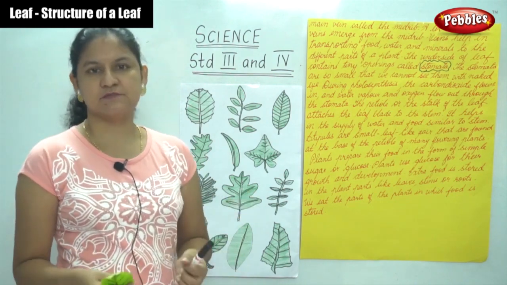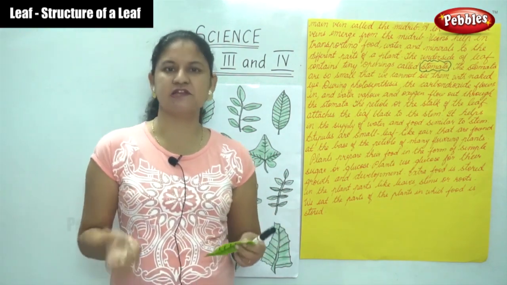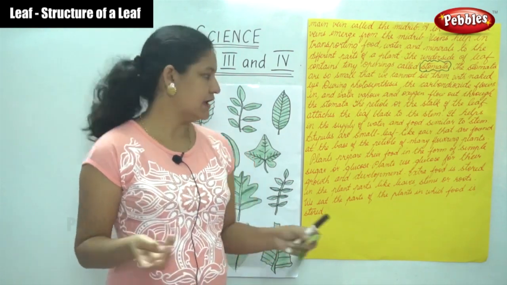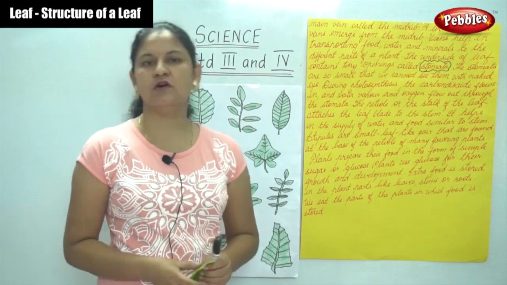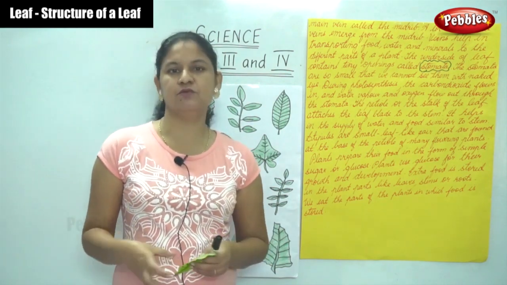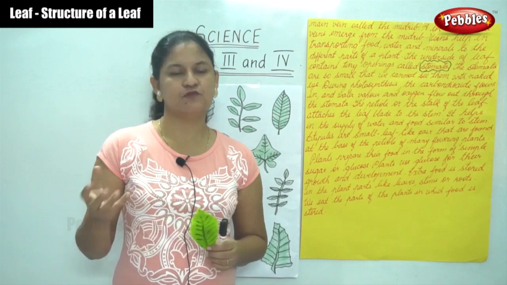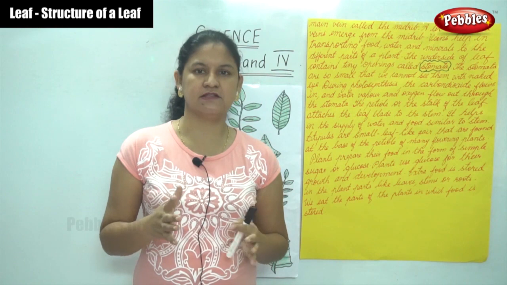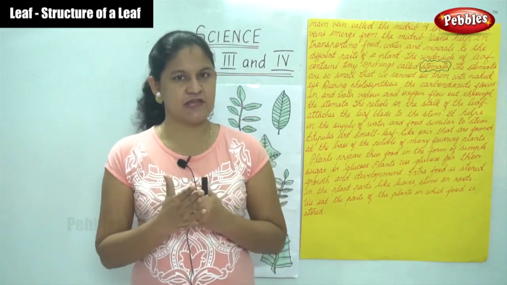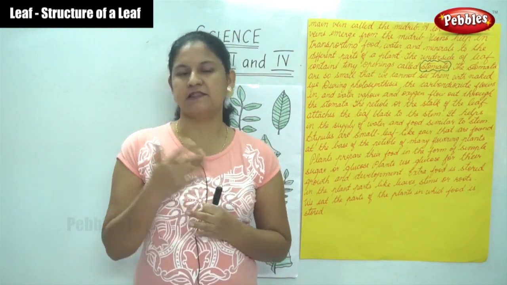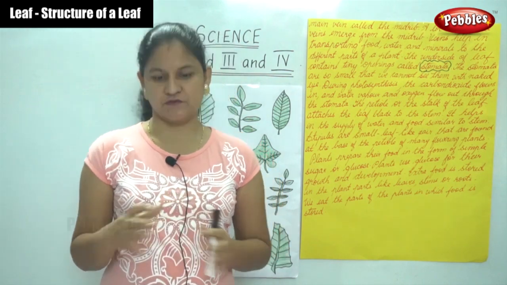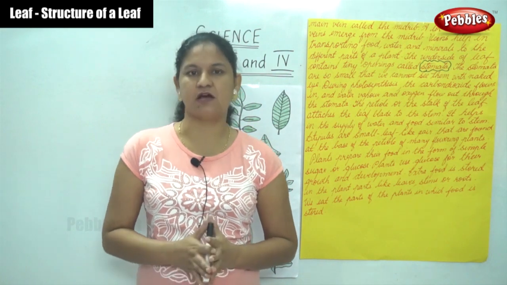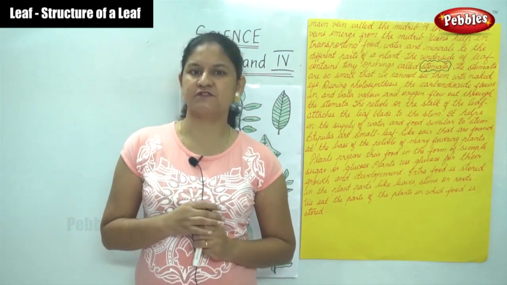The excess food is stored in the remaining parts of the plant like the leaves, fruits, stems or roots, and we consume those parts in which food is stored. So this is the structure of a leaf, and the three main parts are the leaf base, the leaf blade and the petiole. We have seen that the leaf is the kitchen or the food factory of a plant because it prepares the food.